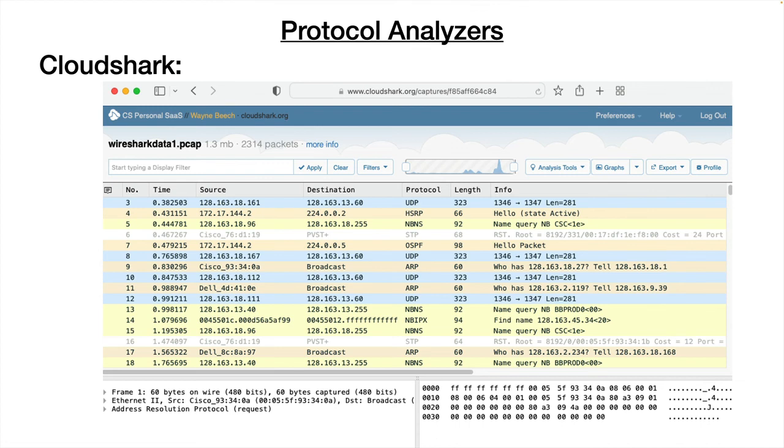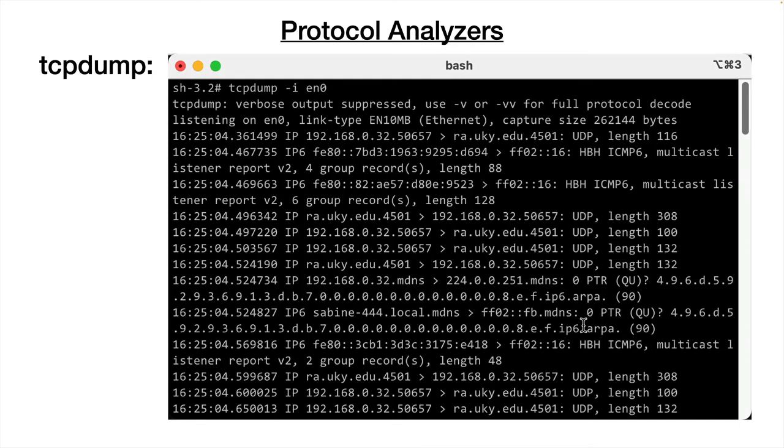The next thing I want to show you is tcpdump. Again, it is a command line interface. So here I am on my Mac laptop with a terminal window open, and I issued the tcpdump command on the interface en0, which is my main interface, and then it starts dumping out packets.